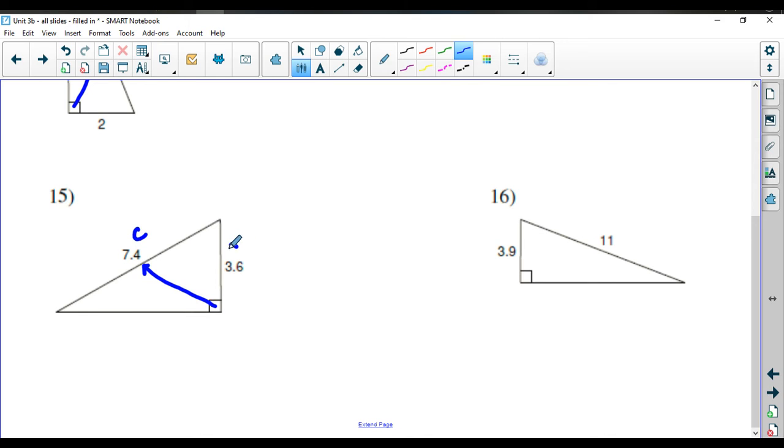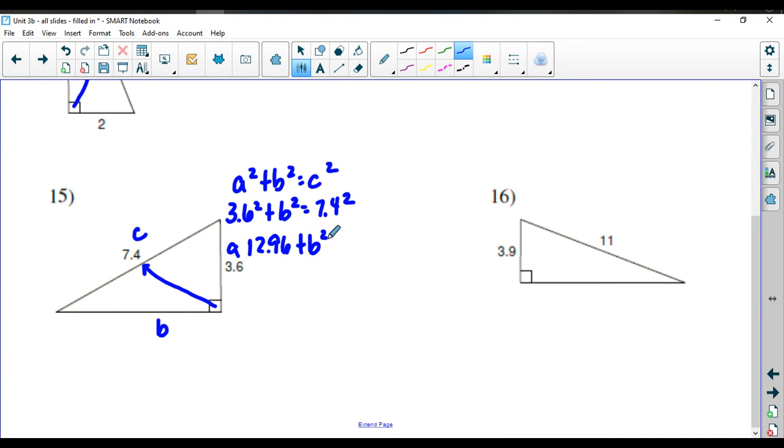So I'm going to call this one a and call this one b. So I have a squared plus b squared equals c squared, so 3.6 squared plus b squared equals 7.4 squared. And if I do 3.6 squared, I get 12.96 plus b squared. 7.4 squared will give me 54.76.